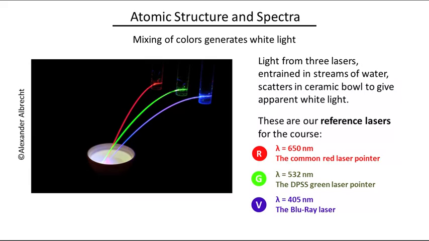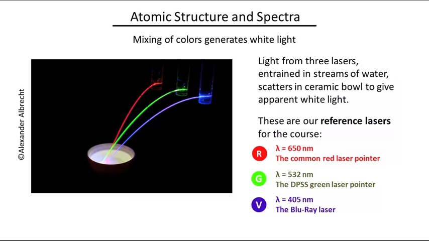Now here's a rather clever demonstration of the inverse action of the separation of light. This is a multiplexing effect where one combines a violet, a green, and a red light in the following way.